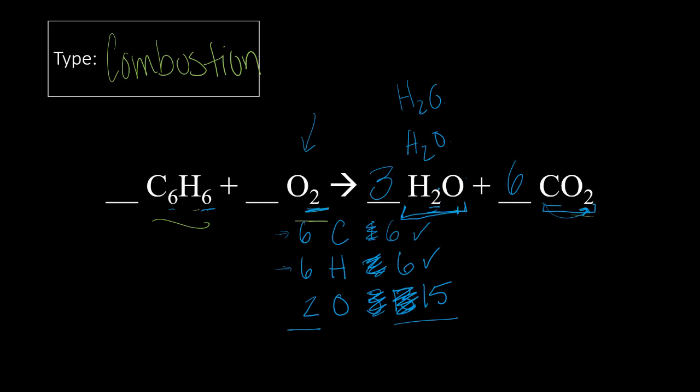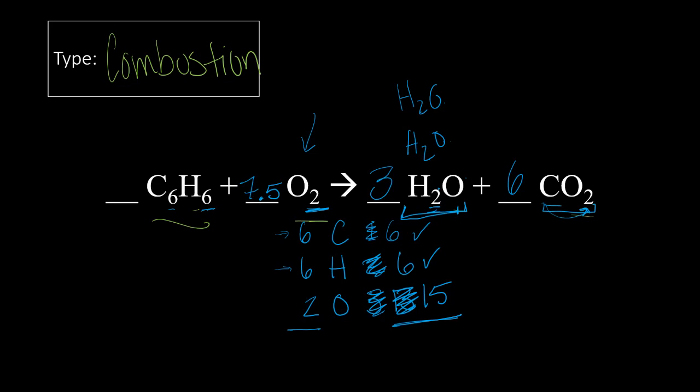Oxygens come in sets of 2 over here. There is no way that I can match 15 oxygens with sets of 2. I could do that if I didn't use a whole number coefficient, if I used a coefficient of 7.5, but I can't do that. Our rules are that our coefficients have to be whole numbers.